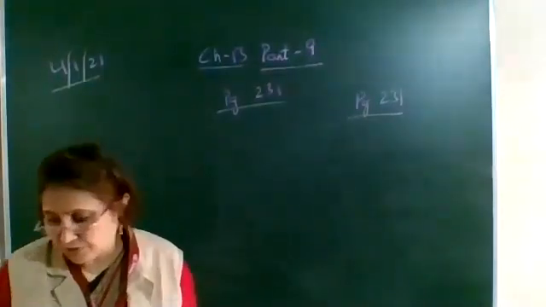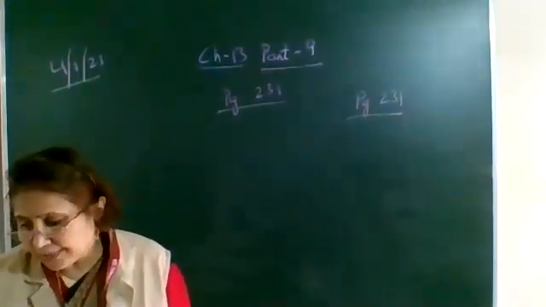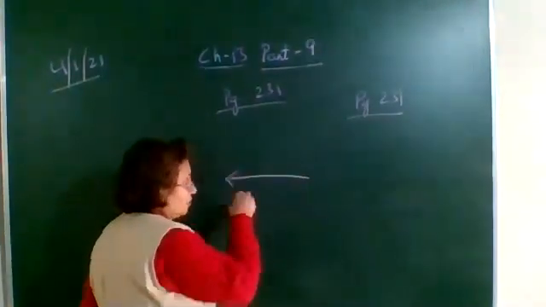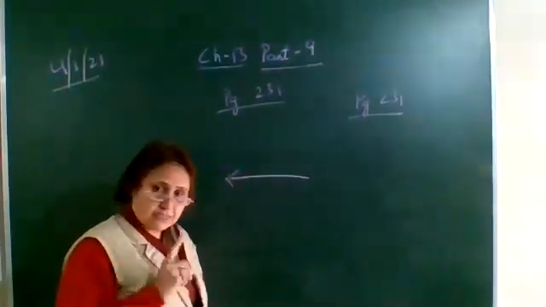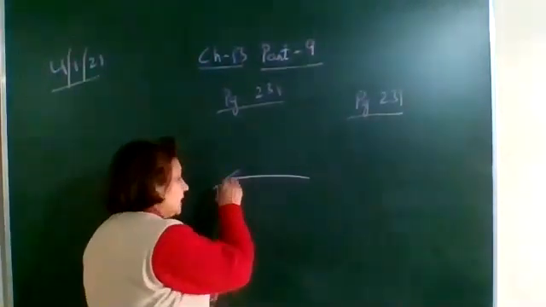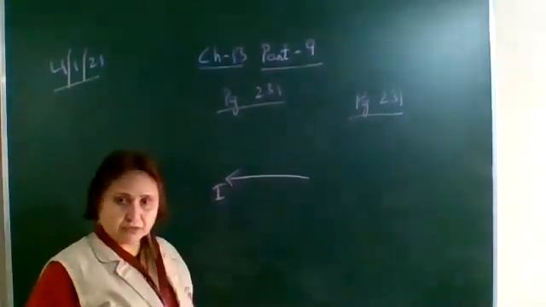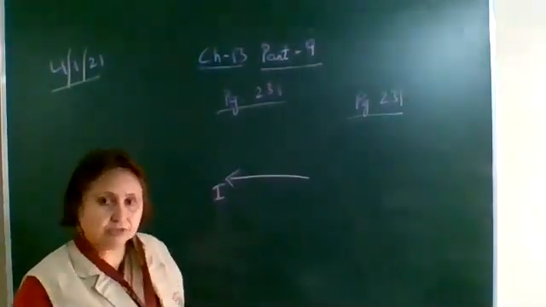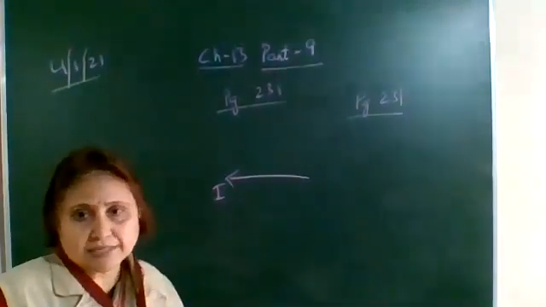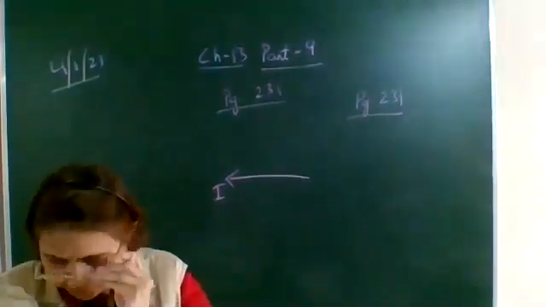Alpha particle is positively charged, and is projected towards west. Alpha particle is a positive charge particle, so the conventional direction of the current can be considered along the motion of the alpha particle. So the conventional direction of the current is towards west.